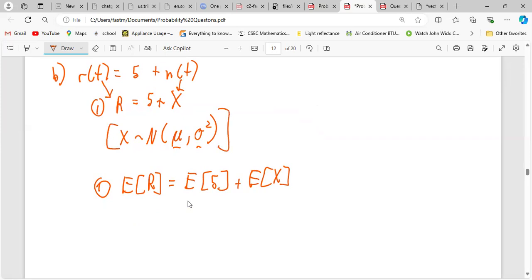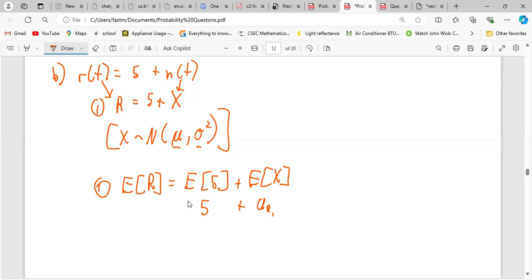The expectation of a constant is the constant itself, and the expectation of X is your mean. So we can write that as mu, mu R1, representing noise for 1, right? Because E of X is your mean, yeah? And that was N at T.